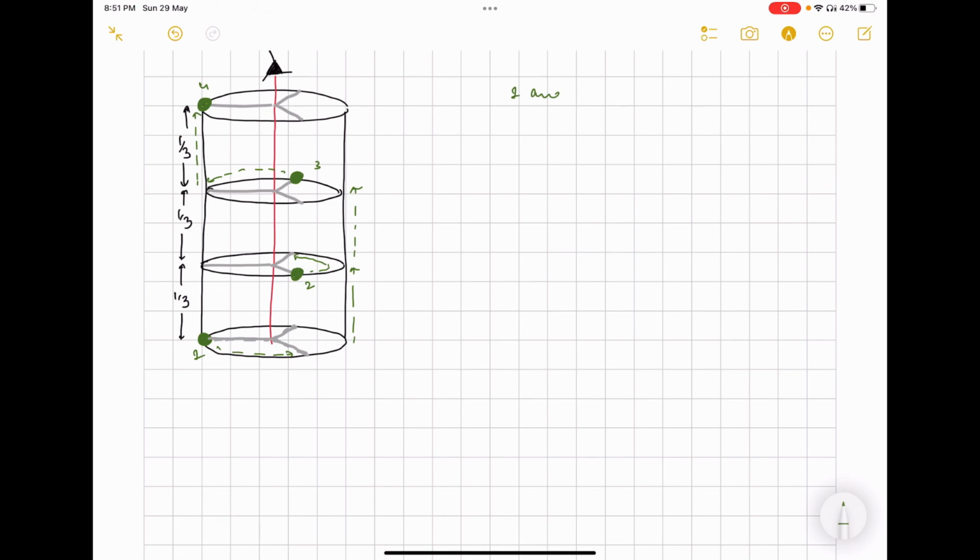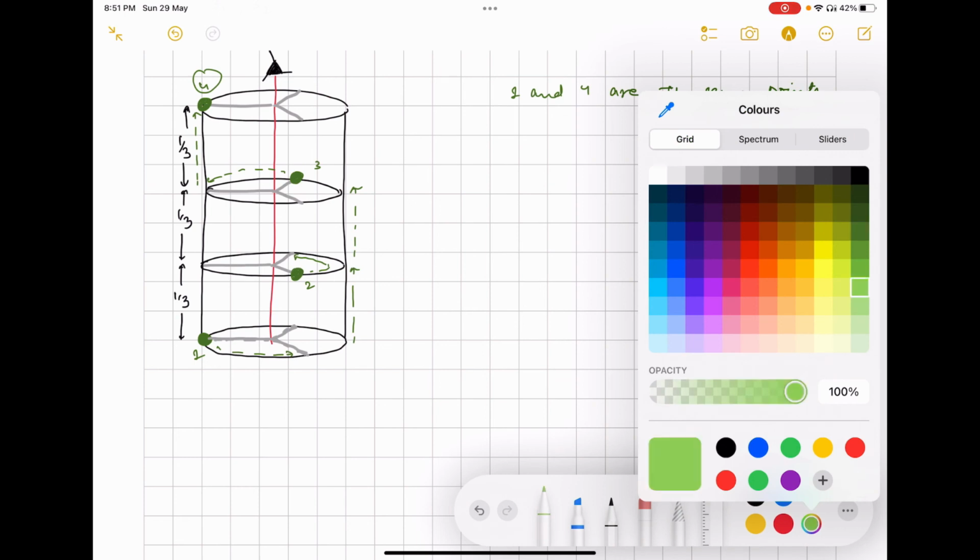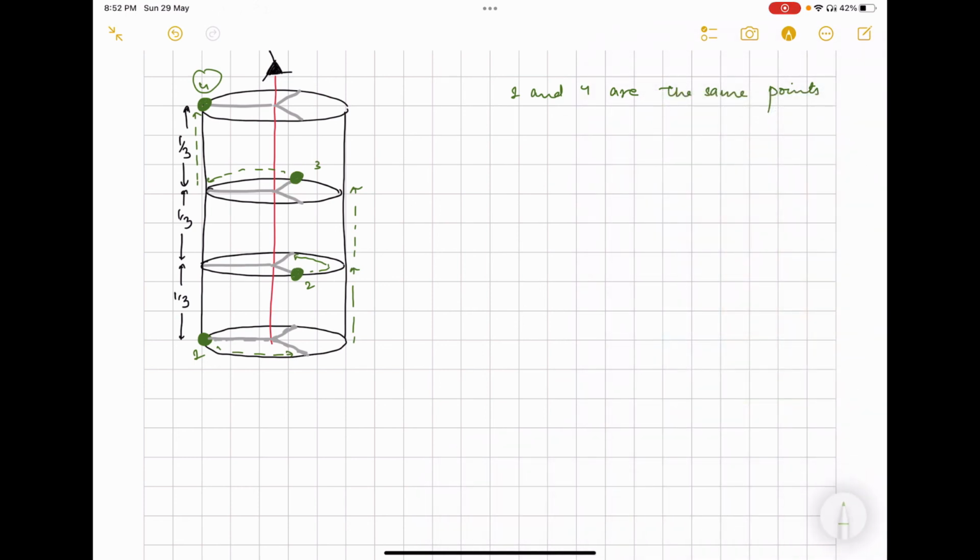So 1 and 4 are the same points, since this has now covered a distance of one lattice translation. So the points we get are, this goes from here to here, then this goes from here to here, and then this goes like this from behind. So this is your screw.